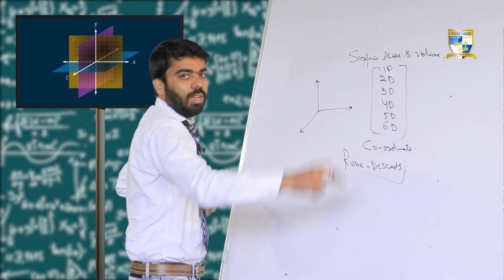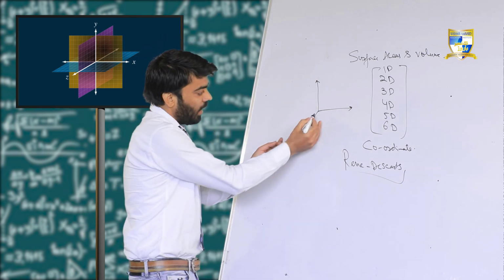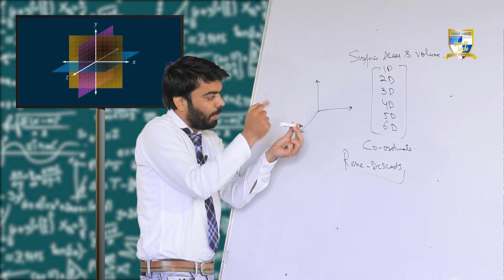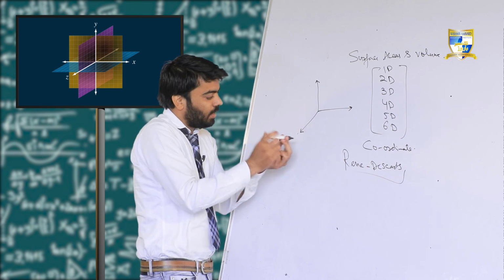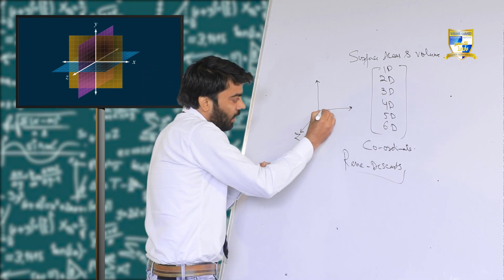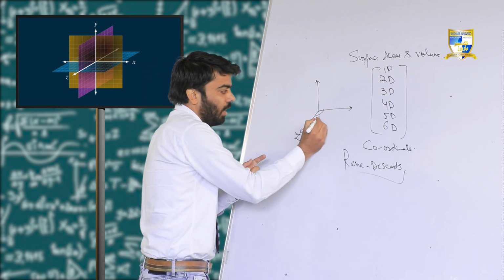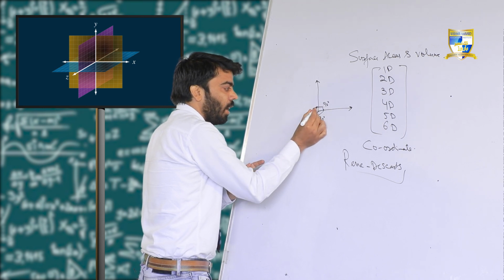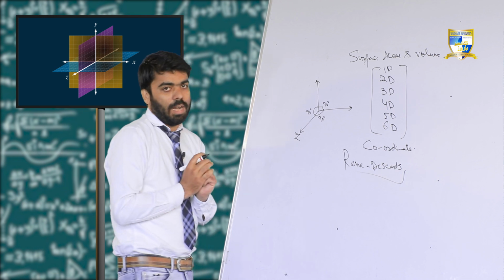This board is a 2D system. I can't draw an angle of 90 degrees here, so to represent this 90 degrees, this is the z-axis, and I will draw it in this fashion. But this angle is not 120, it is 90 degrees. This angle is also 90, and this angle is also 90 degrees.